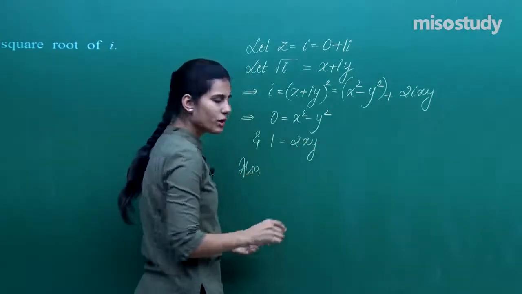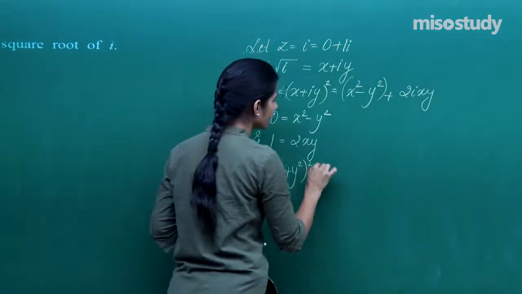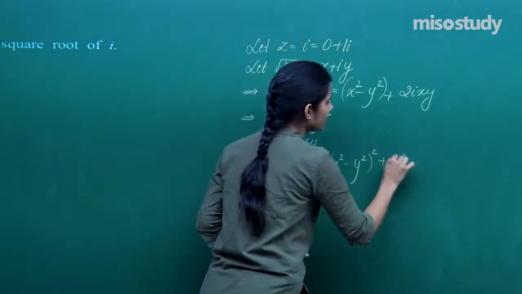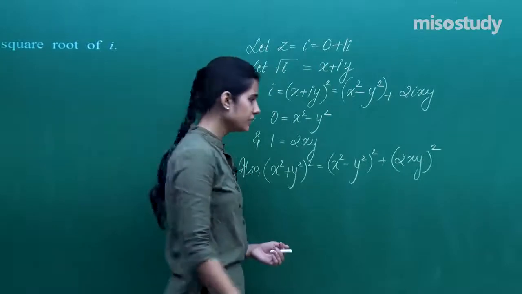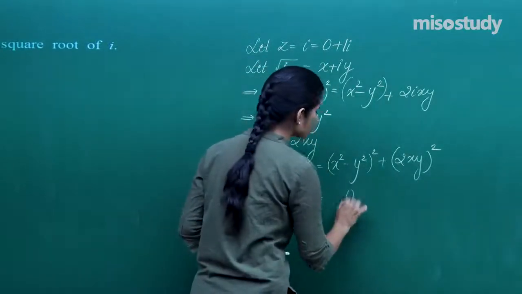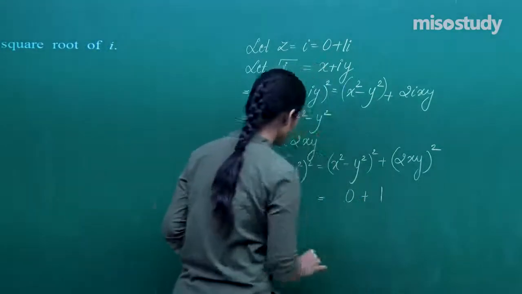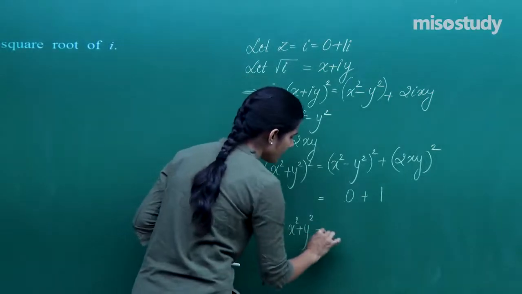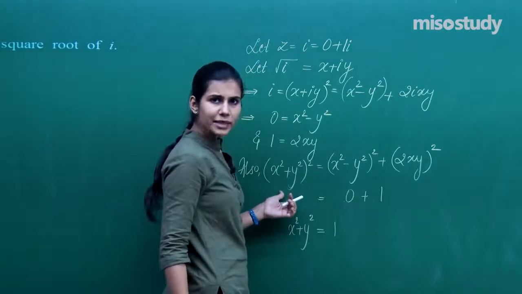We always assume one thing: (x square plus y square) whole square is (x square minus y square) whole square plus (2xy) whole square. Here (x square minus y square) whole square is 0 whole square, which is 0. 2xy is 1, 1 whole square is 1. So (x square plus y square) whole square is 1. That means x square plus y square is 1 only. It cannot be minus 1. Can it be minus 1?